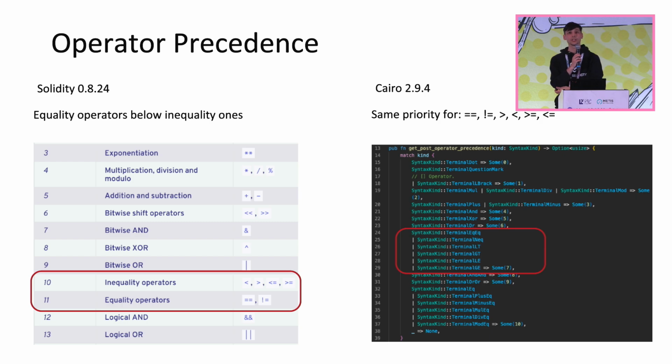This is not a big issue usually, because in Cairo the type checker will catch some bugs due to the fact that booleans are not like integers by default. But if you start to do operator overloading, this might be something that you want to keep in mind due to the operator precedence difference.